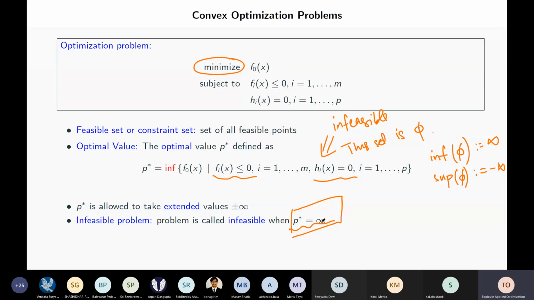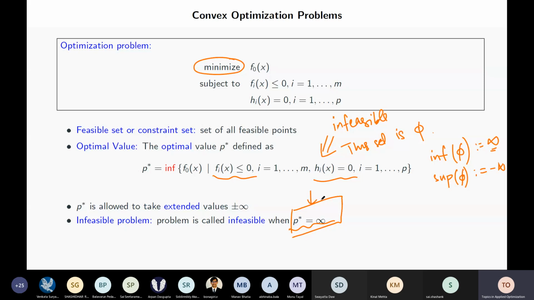So if p star is infinity, it means this set indeed became empty, because only in that case did we get the infimum to be infinity. For any other case the infimum won't be like that.